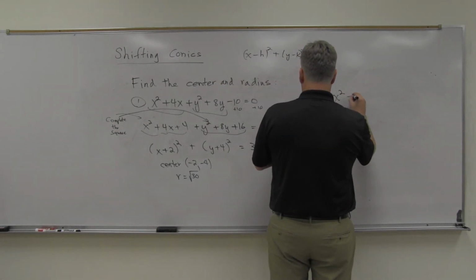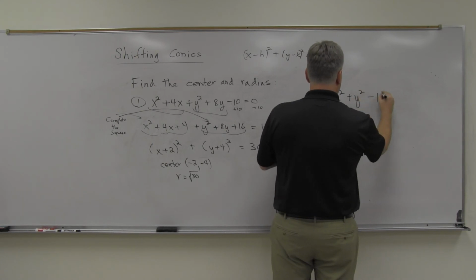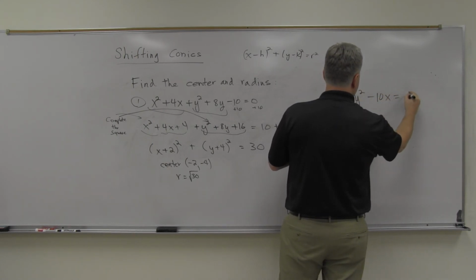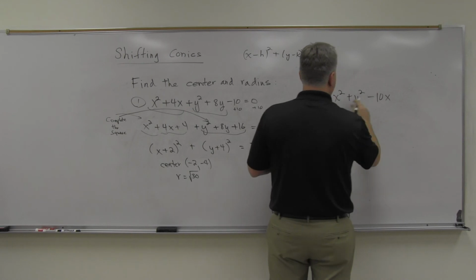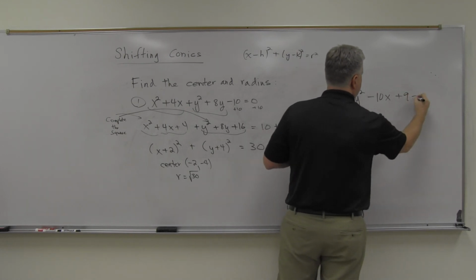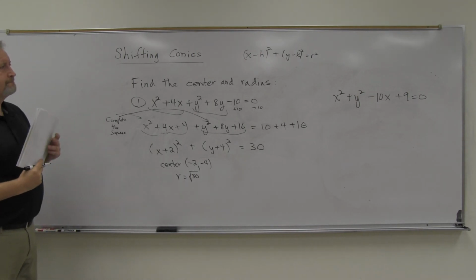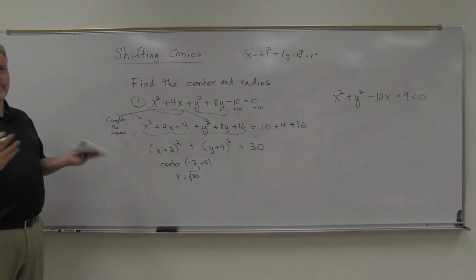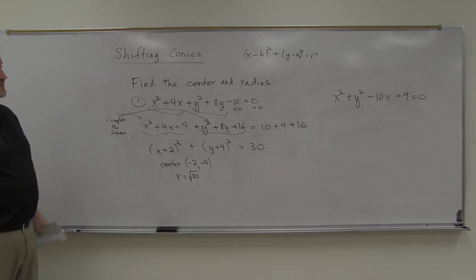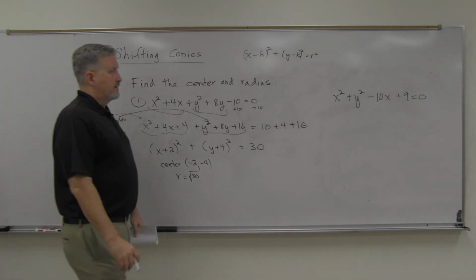x squared plus y squared minus 10x plus 9 equals 0. Also a circle, got the x squared plus the y squared there.